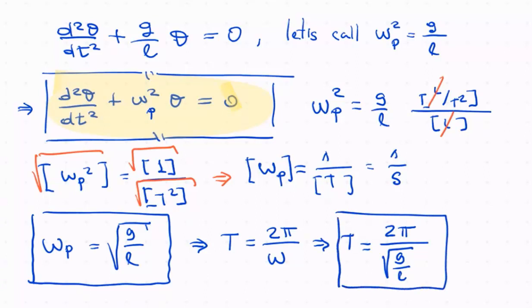We can write it like this. And now we can write the frequency, the normal frequency. The normal frequency would be 1 dividing the period.